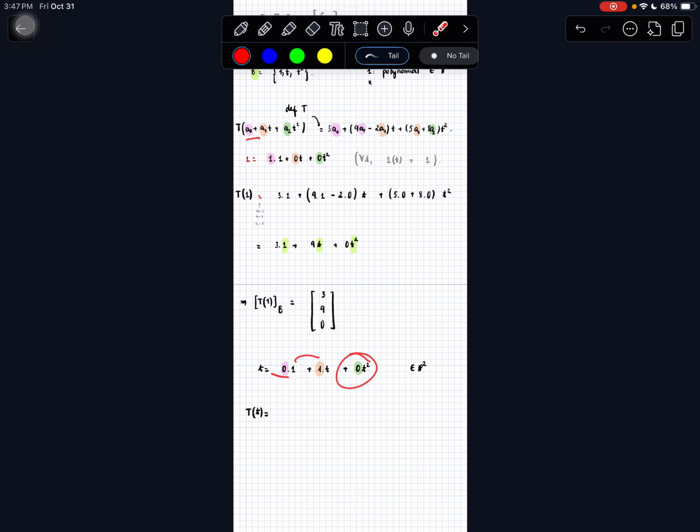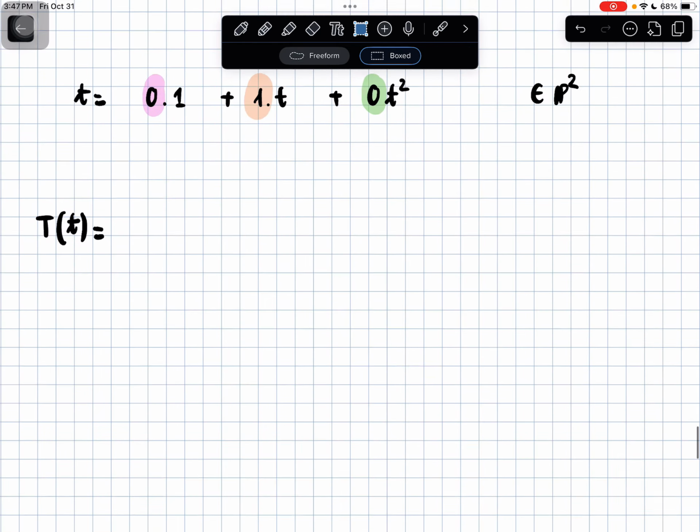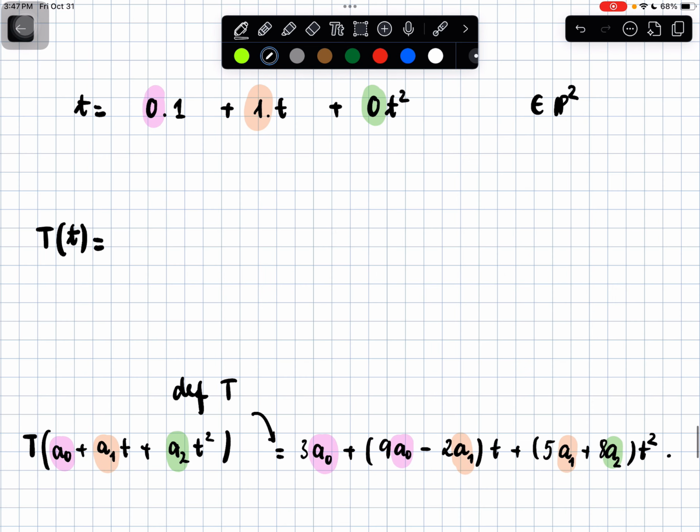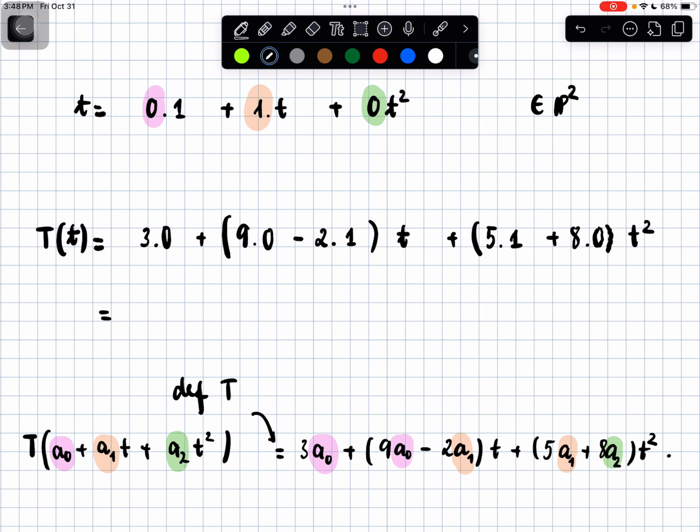By the definition of T, we just plug it in: 3 times a0, 3 times 0, 9 times a0, minus 2 times a1 t, plus 5 times a1 t squared, plus 8 times a2 t squared, which is 0, 0, minus 2t, plus 5t squared.